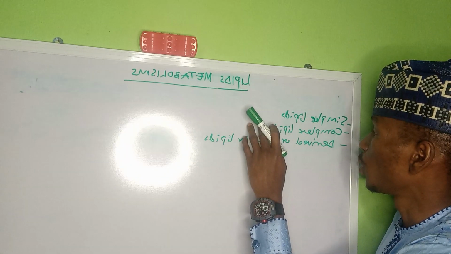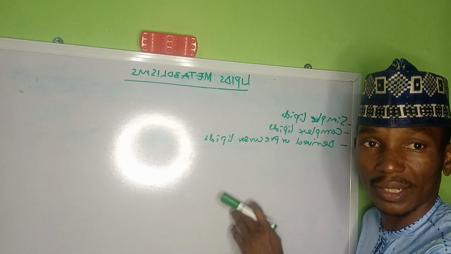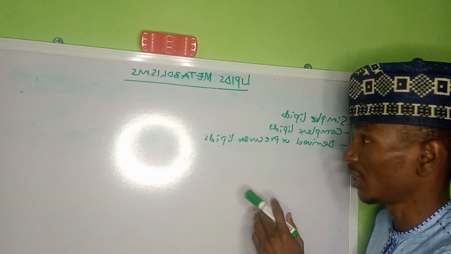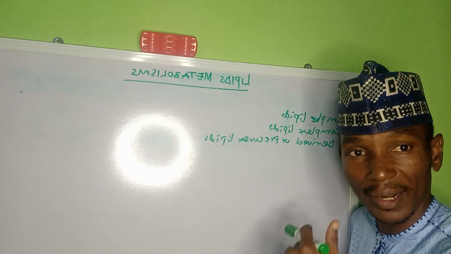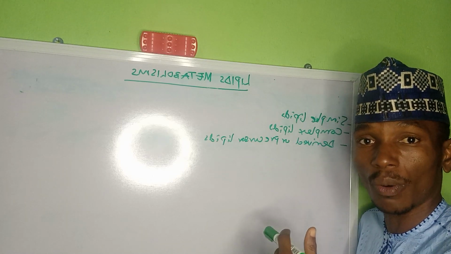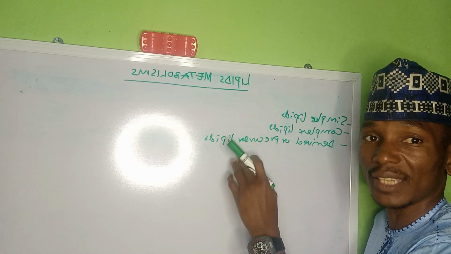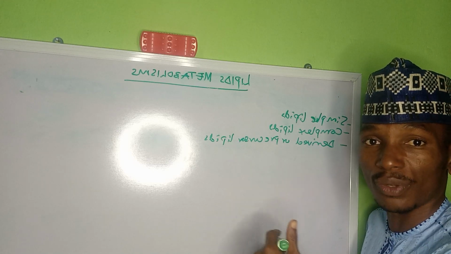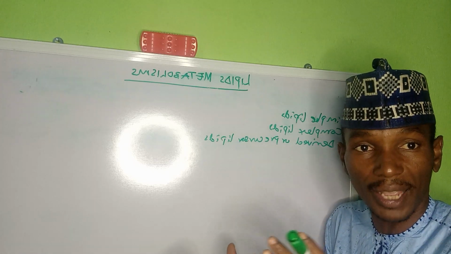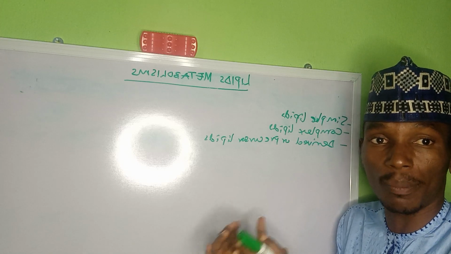Number two, we have what we call a complex lipid. This is a form of lipid in which, apart from the glycerol backbone that is esterified with the fatty acid, it has in addition a different moiety that is attached or bonded to the fatty acid group at one of the carbon atoms.